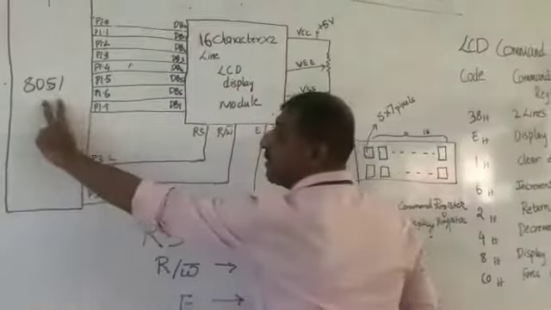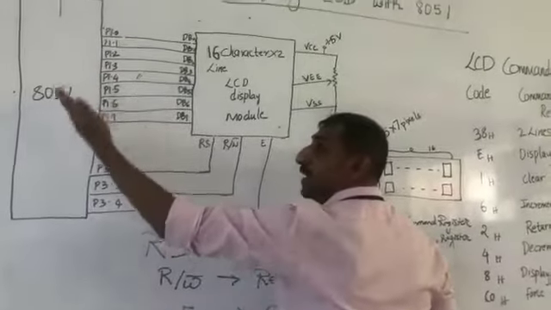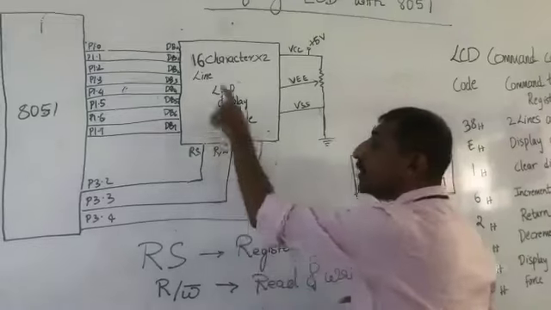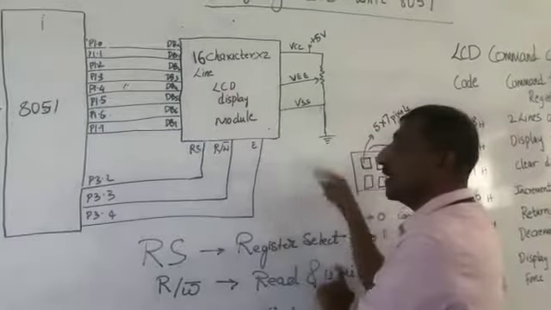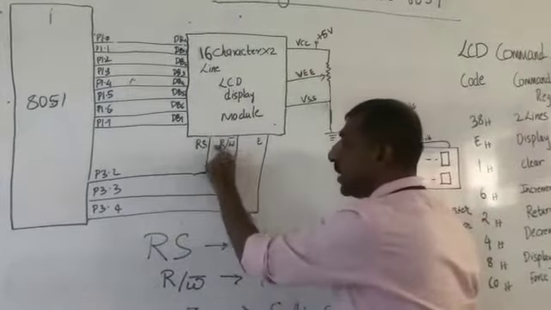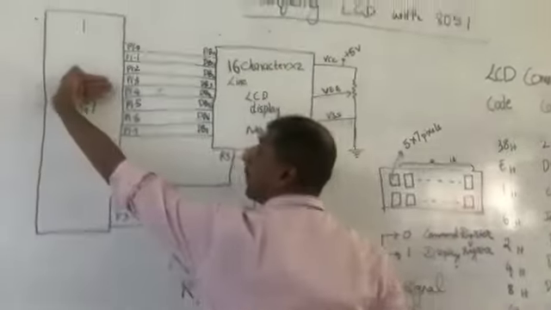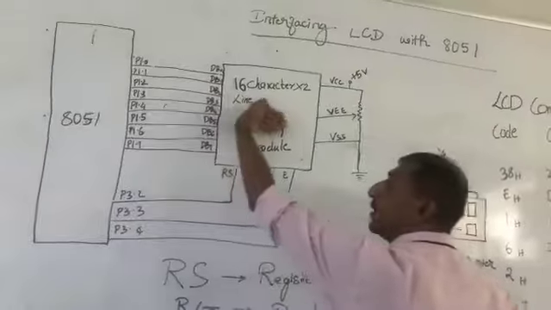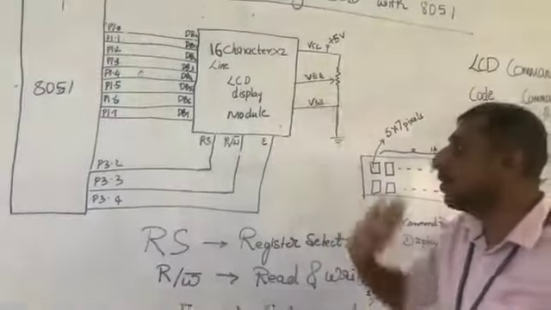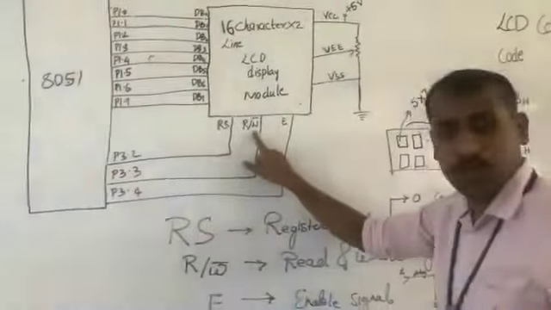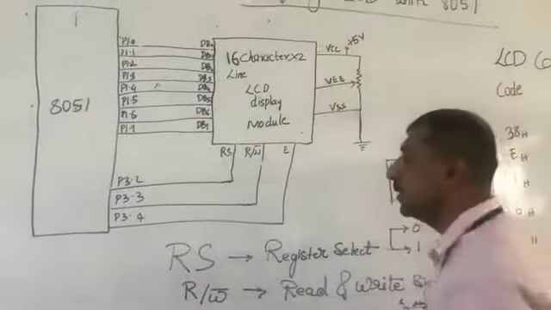Whenever the 8051 is sending data to the LCD, it should get written into one of the registers. So this particular line should go as 0. Then only the data will flow from the 8051 to the LCD. Okay, so that has to be ensured. This all the time needs to be at 0. That you keep in mind.